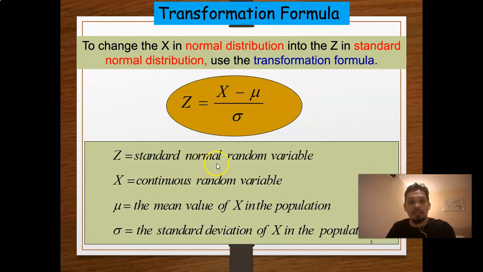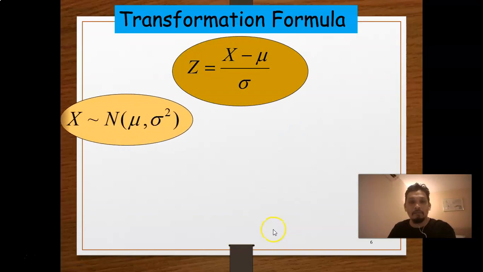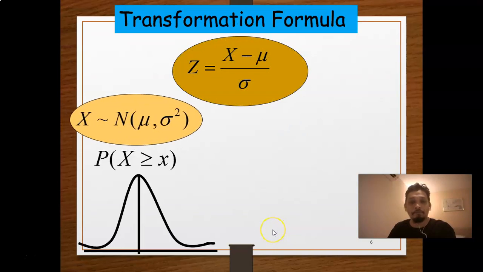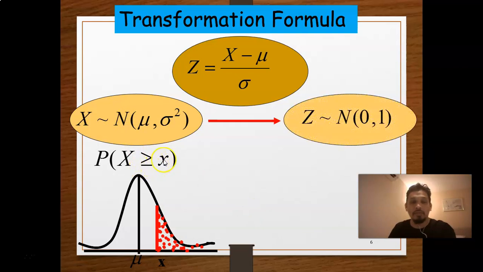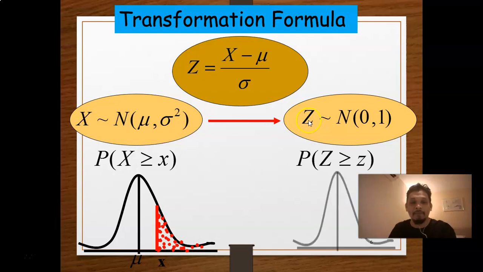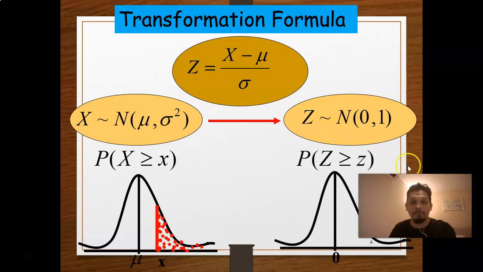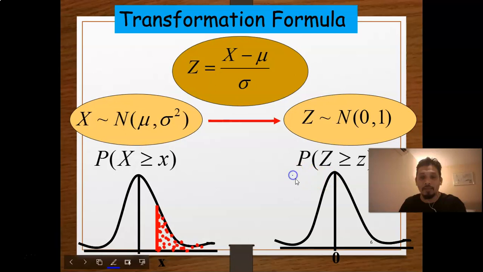As you see, this is the definition of every label that we have here: the mean of X, the population, and the standard deviation. Now from X normally distributed, we turn into Z standard normal distribution.